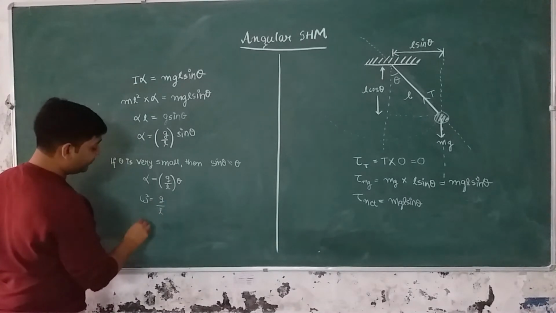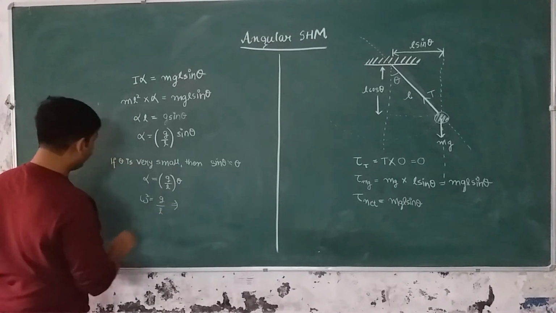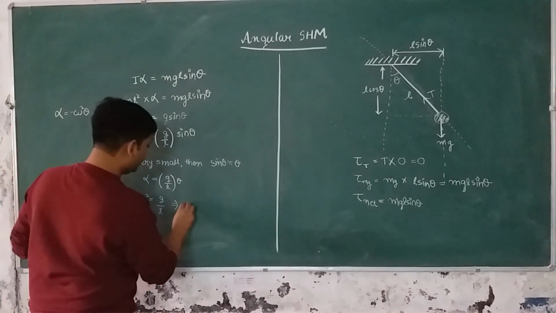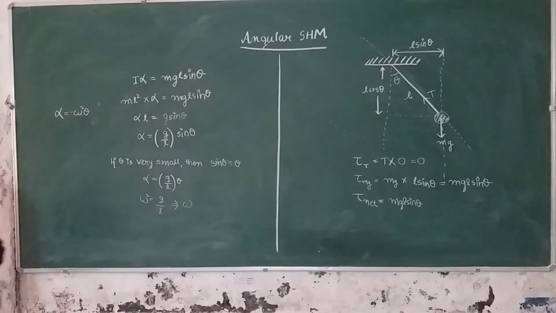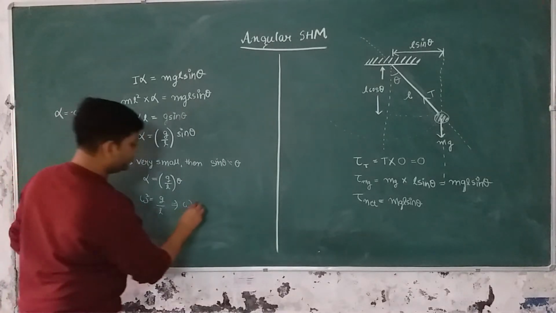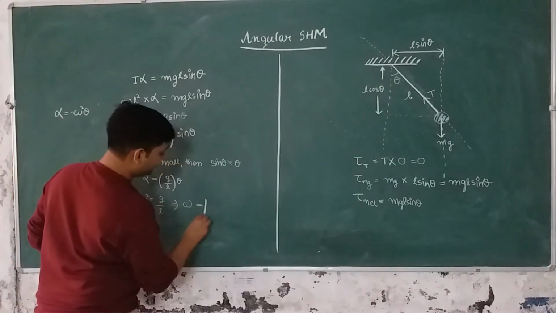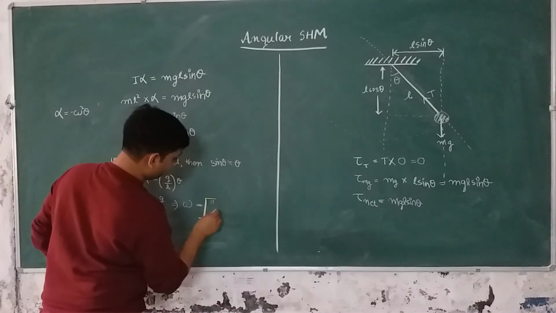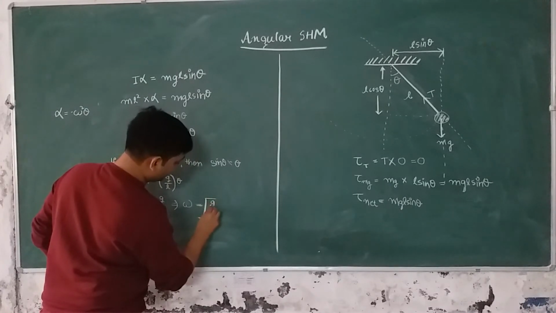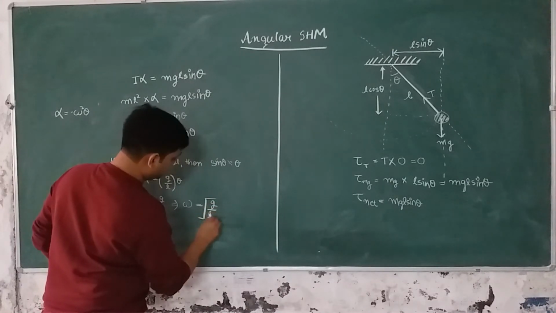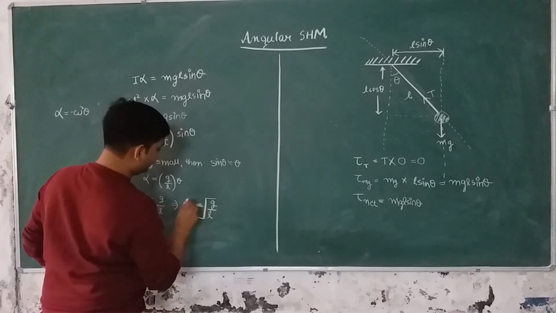So from here omega will be root g upon L, right?